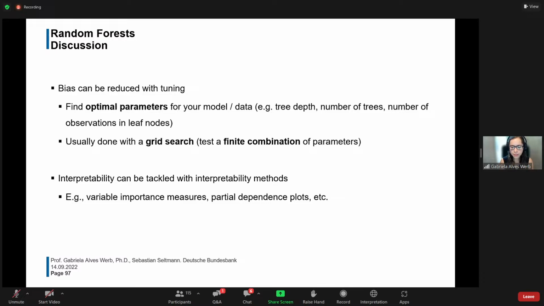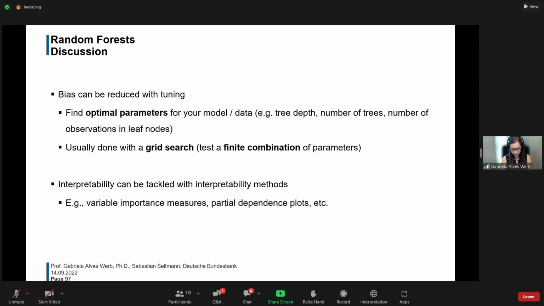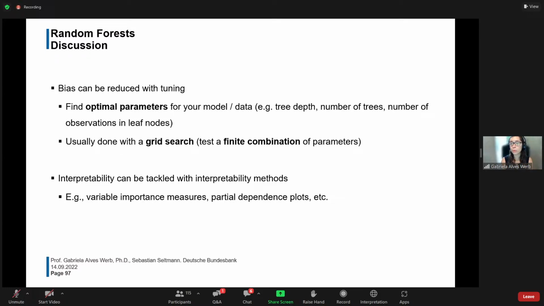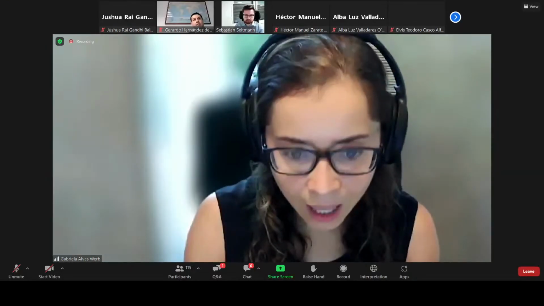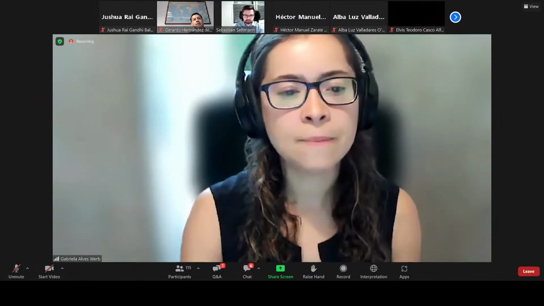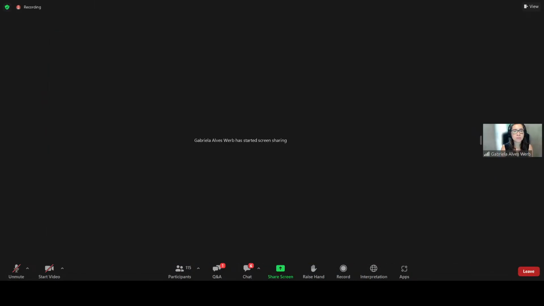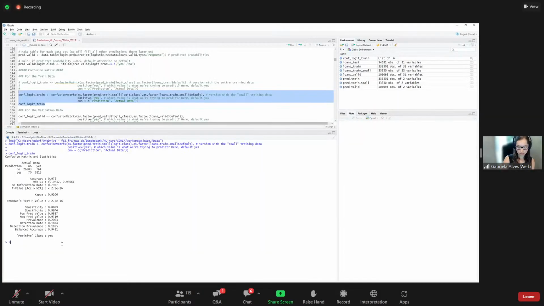So let me do the following. That's something quite interesting: whenever you're starting to use a new method or working with a new package, we can definitely go into the help of the package and see what the specific parameters are that we can use and what they mean.